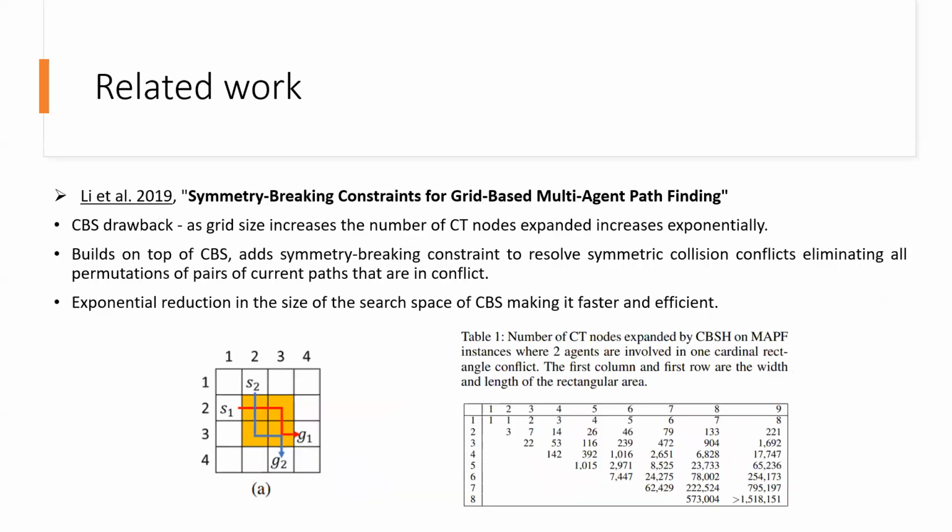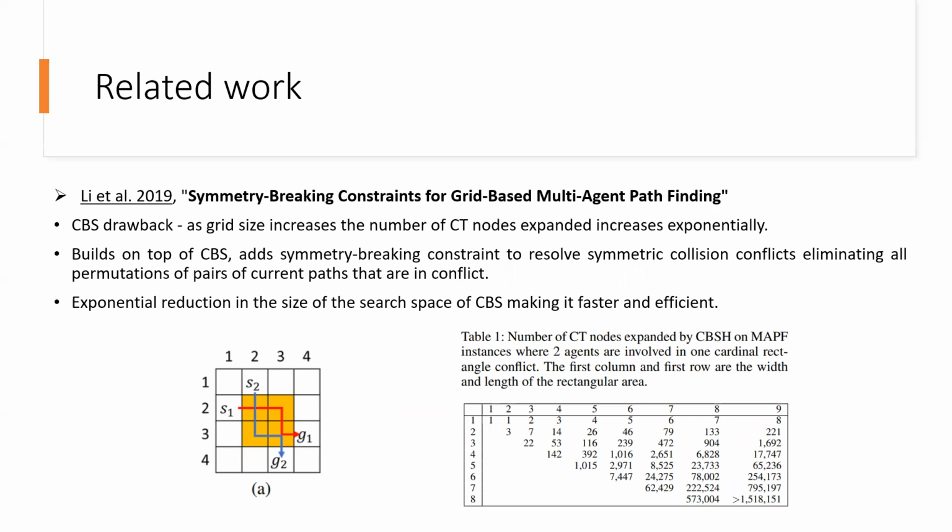The next algorithm is called symmetry breaking constraints for grid-based multi-agent pathfinding. There are certain drawbacks with the CBS implementation: as the grid size increases, the number of nodes expanded by CBS increases exponentially, which increases the compute time for CBS. What this paper does is build on top of CBS.